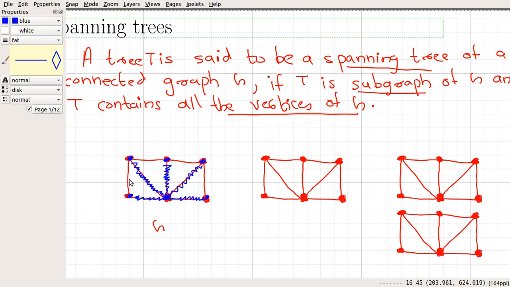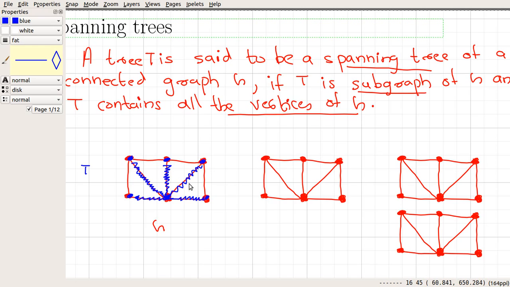So here we can see that if we denote that subgraph by T, T is a tree, it is acyclic and it is connected. Also, the total number of vertices is 1, 2, 3, 4, 5, 6.